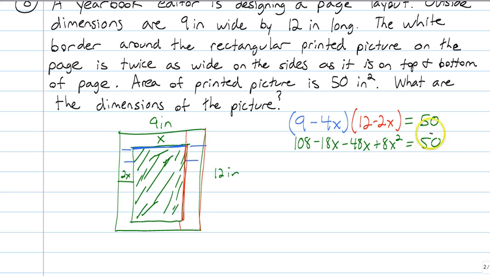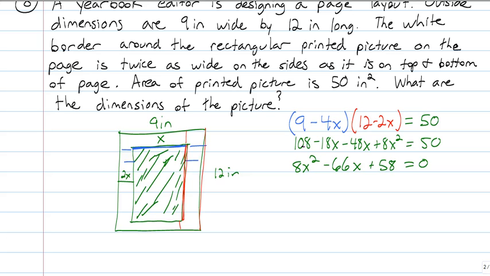Let's write it in correct order and move everything over. I get my 8x squared, this becomes a negative 66x, and then I have 108 minus 50, so that becomes 58, equals 0. I just moved the 50 over and took it away from the 108 and wrote it in the correct order.